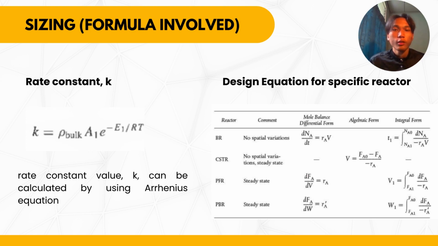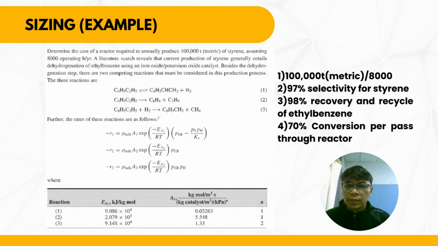For each reactor, there are different design equations. For batch reactor, CSTR, PFR, and PBR, each of them has a different algebraic form or integral form of the design equation. Here is an example of sizing that we can use to understand better.